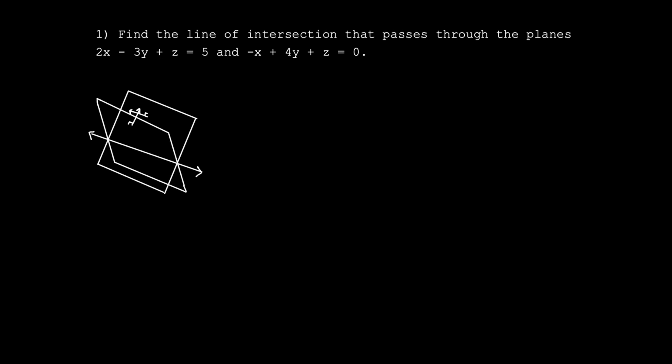Now if you take a look here, the normal vectors seem to intersect. And if we find the cross product between the normal vectors, we seem to get a line that should be parallel to the line of intersection. So let me just draw this a little bit better.